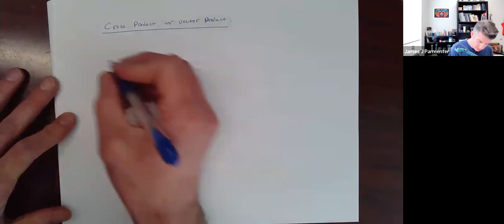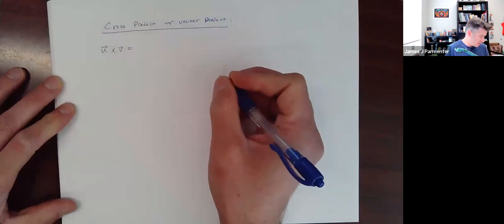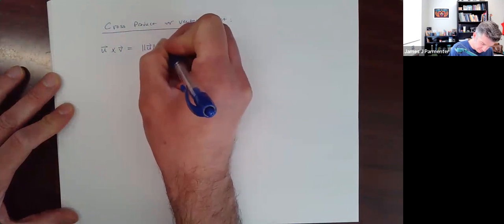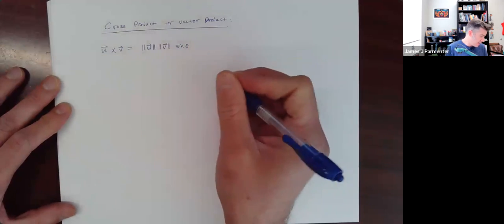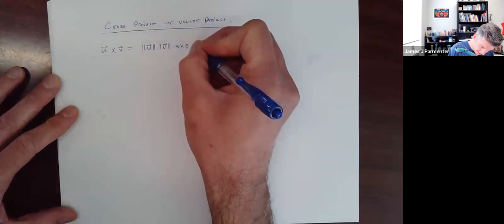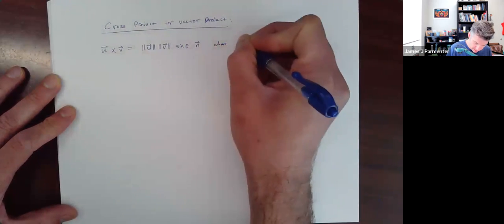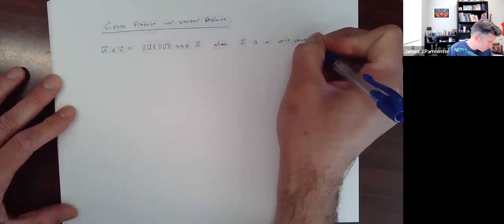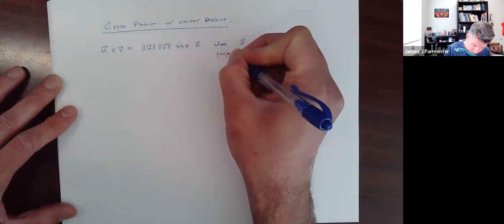So u cross v can be defined to be equal to the magnitude of u times the magnitude of v times sine of theta times the vector n, where n is a unit vector that is perpendicular to both u and v.